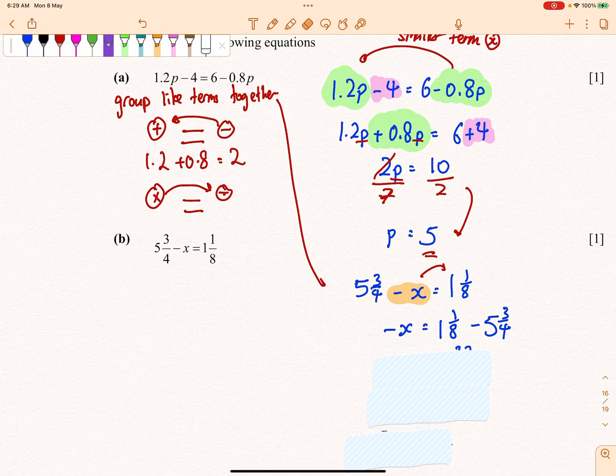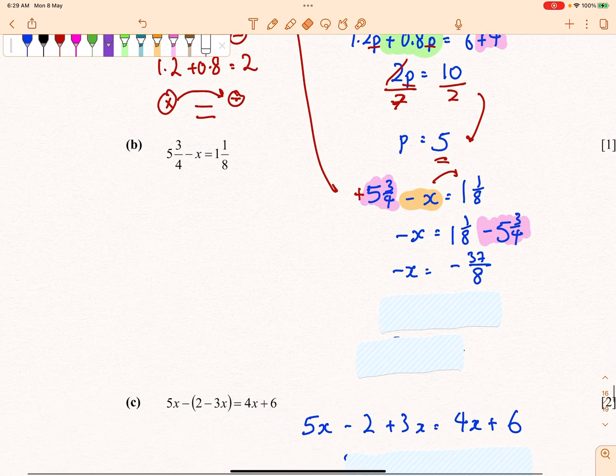So there are two options available. If you move the 5 3/4 to the other side, because it is a plus, after I bring it over it will be a minus. Take out your calculator: 1 5/8 minus 5 3/4, you will get a negative.